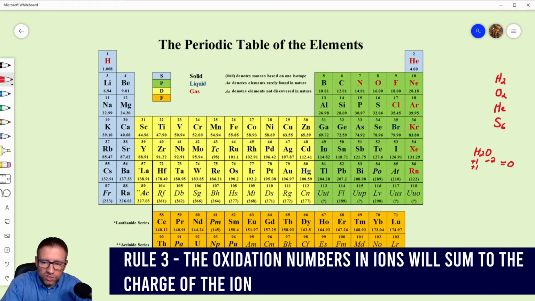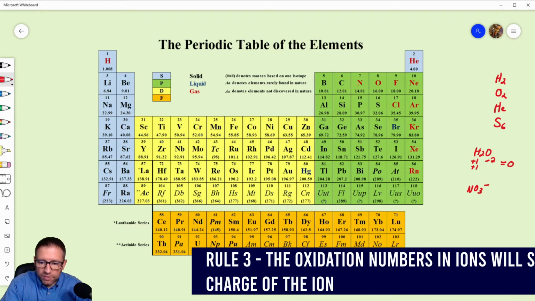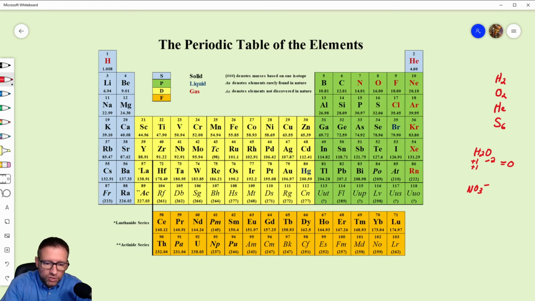Now, when you sum up the oxidation numbers for a polyatomic ion like NO3 minus, instead of summing to 0, it's going to sum to the charge of the ion. In this case, it would sum to -1. Oxygen is still going to be -2, and there are 3 of them.